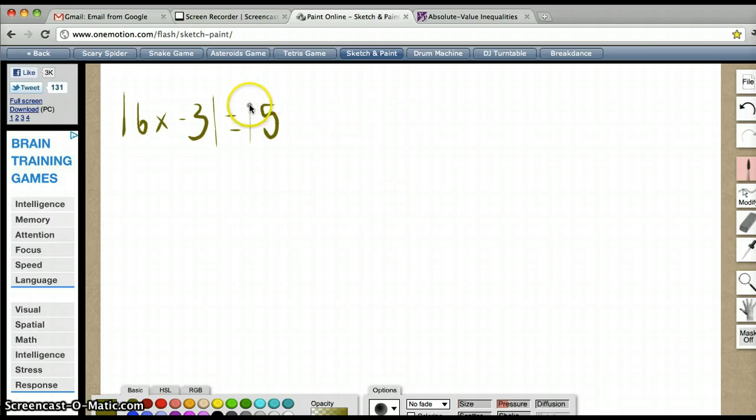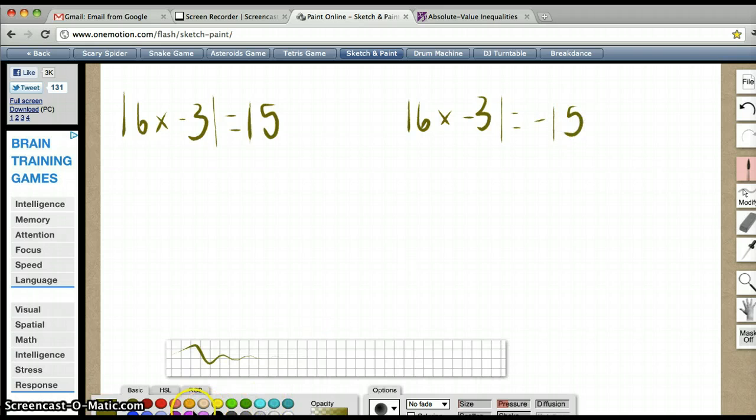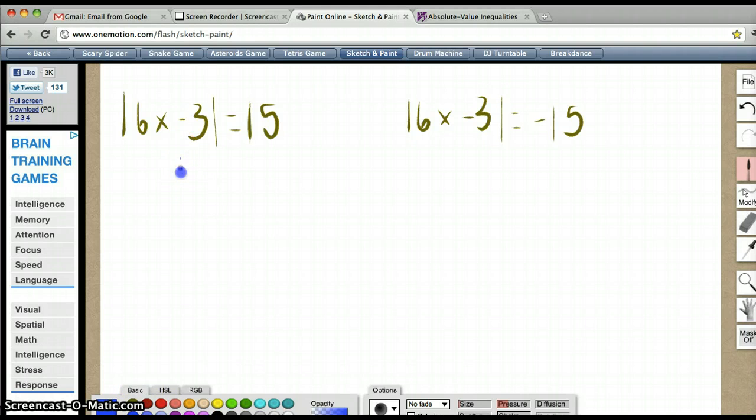Okay, we're going to go on to the other side, and we've got the absolute value of 6x minus 3 equals a negative 15, because we're dealing with absolute values that can be a positive or a negative. Okay, so let's go ahead and solve for x. So we're going to add 3 on both sides.